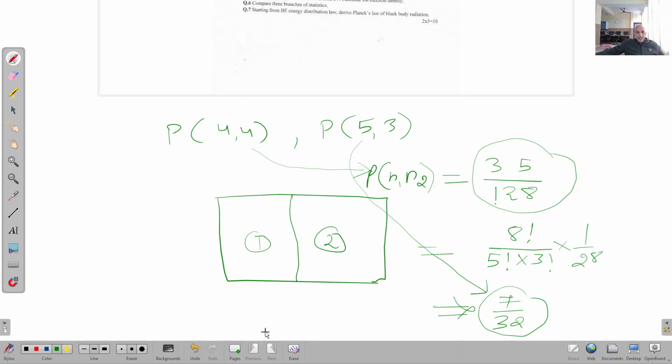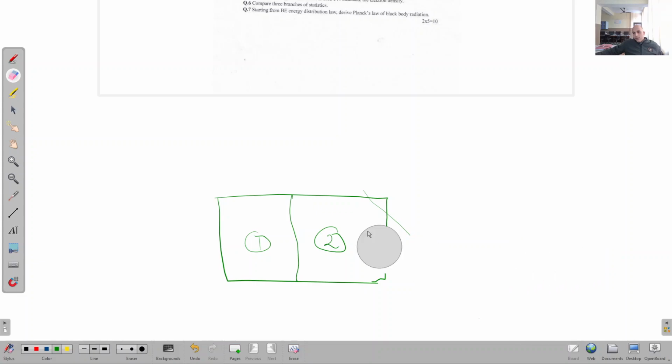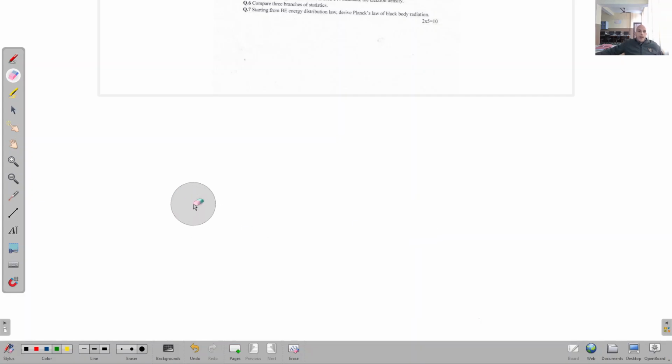It was not mentioned in your book. So I want to check your knowledge, that how much you have learned when you have gone through the distribution of particles in different compartments.